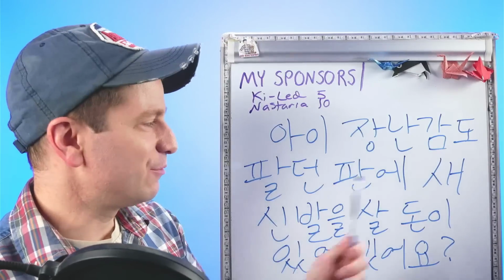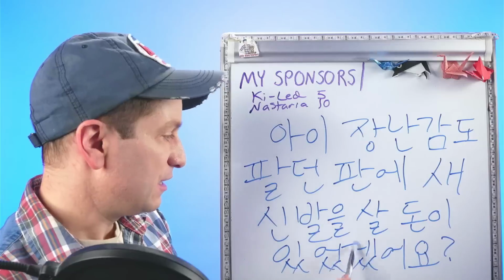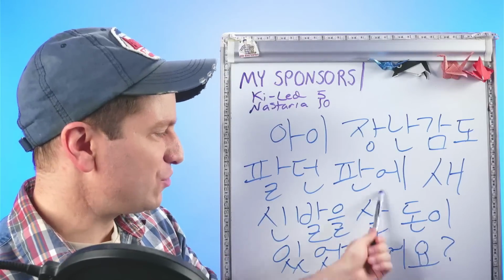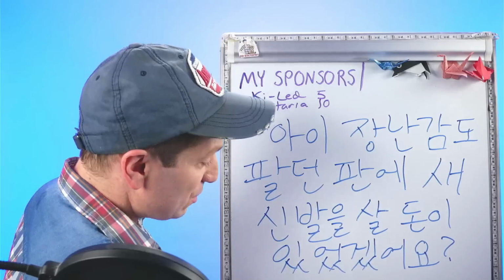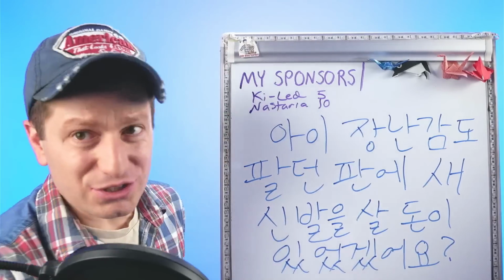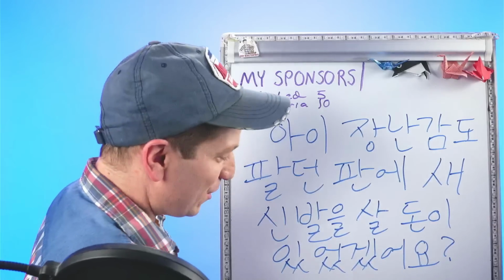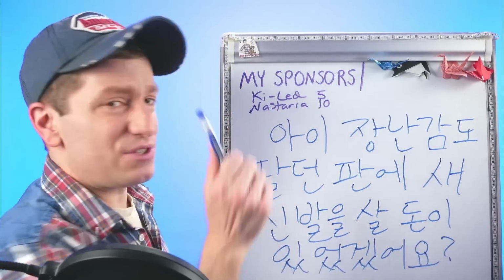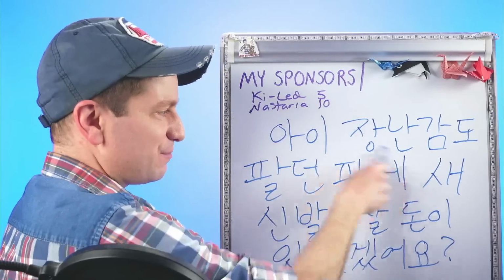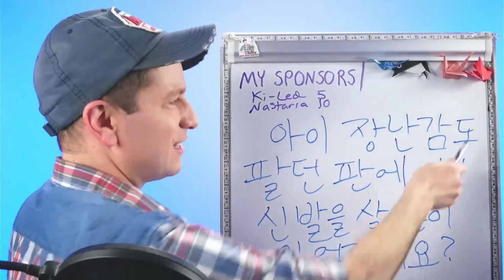Let's look at this one in reverse. 새 신발, new shoes. 살 돈, the money to 사다, the money to buy new shoes. 돈이 있었겠어요? 있었어요. There was. 있었어요? Was there? 있었겠어요. Could they have had any money to buy new shoes? In what situation? 판에, 애, child, 장난감, toys, 도 even.